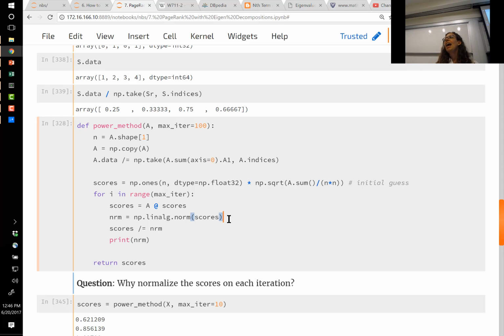The issue that could arise was the values could get way too small and underflow to 0. Or we could also have problems with the values getting way too big if we don't normalize and exploding. So whenever you're doing an iterative process where you're multiplying every time, it's really good to think about normalizing because you don't want things to be exploding or vanishing.